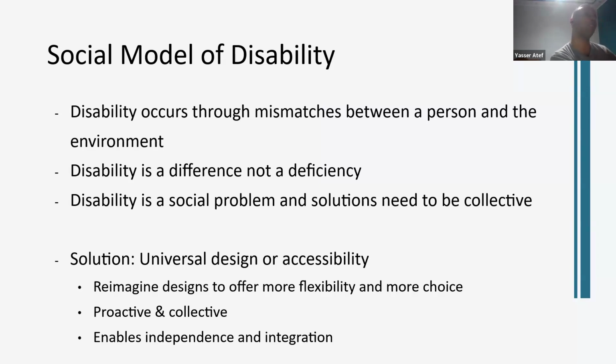Yes, the solution needs to be collective, but it should also start from the society, from the CBR, which is community-based rehabilitation. It is similar to peer professional development, where disabled people step up and help their peers, from the community to the community.